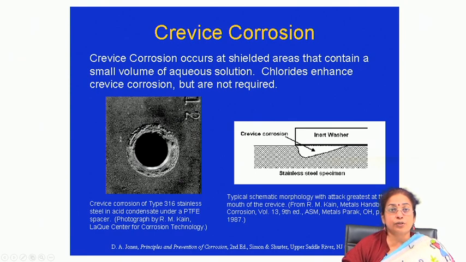As a result there is differential aeration cell formation, and because of it there will be galvanic attack at the interface between the high air region and the low air concentration region.